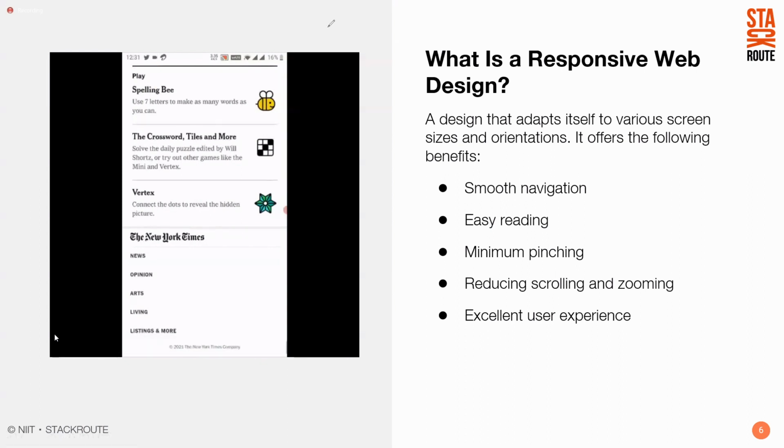Of course, when we develop such an application, we have smooth navigation from one page to another, easy reading, and minimum pinching and zoom features. Unnecessary scrolling and zooming will be overcome. So definitely it helps in giving an excellent user experience when we develop responsive web design.